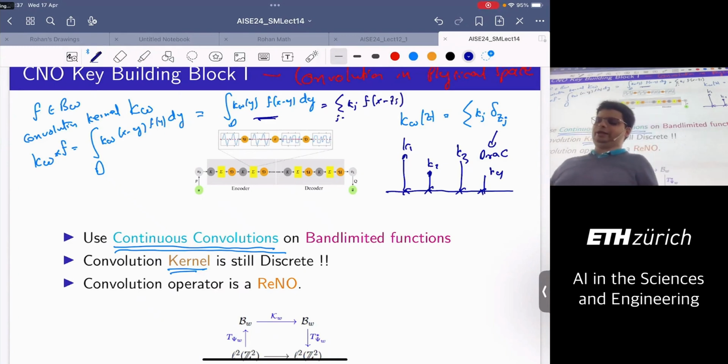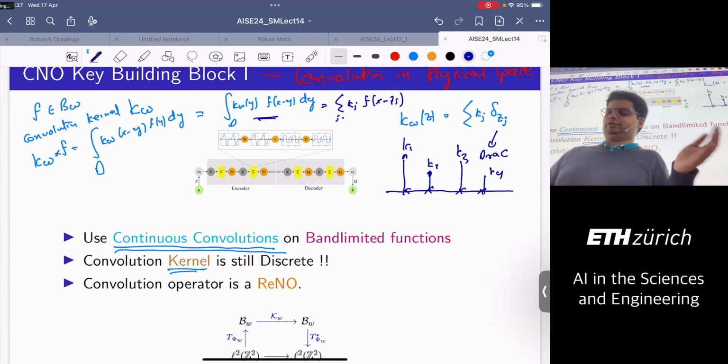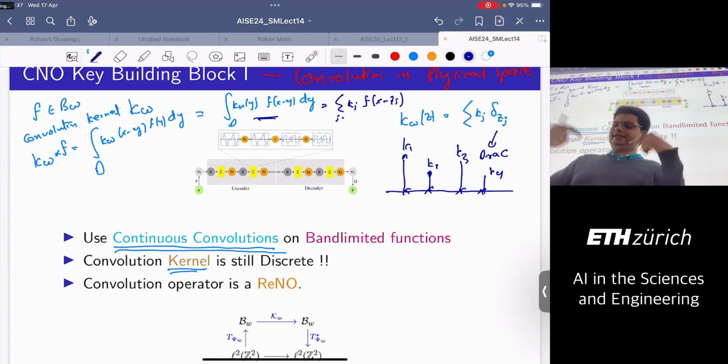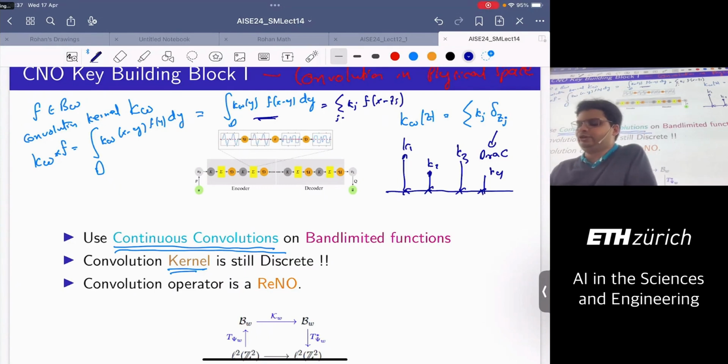So what you're doing now is that you're fixing the discrete kernel as before, as in a convolutional neural network, but you are acting it in a continuous manner. So this is the first key point that we have with band-limited functions. We are always having a clear correspondence, a clear mirroring between the continuous and the discrete. But why is this a ReNO? Meaning, how do we apply it on different grids and so on?